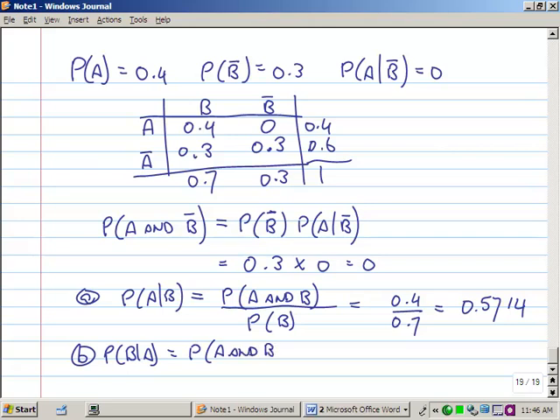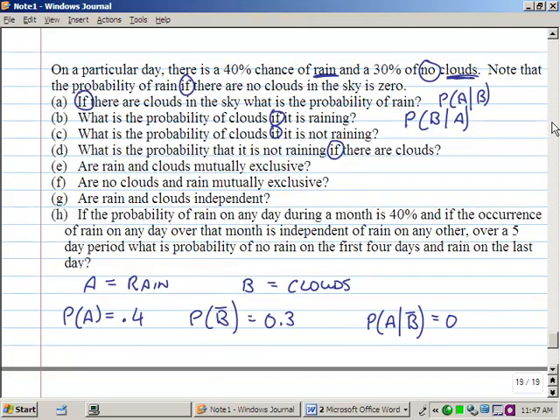That's the two events A and B divided by whatever's conditioned on the left-hand side. A and B again is 0.4 divided by the probability of A, 0.4, is 1. That's a 100% probability that there are clouds in the sky if it's raining. Well, we should have known that, right? Can't rain without clouds. That's 100% probability.